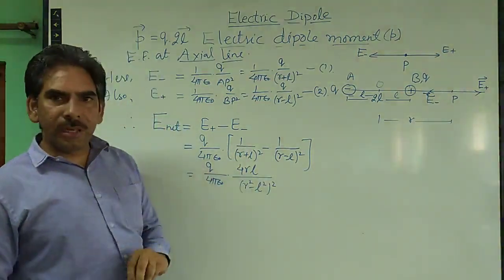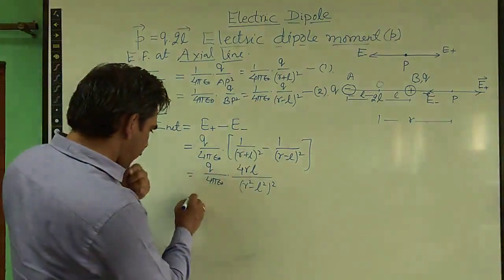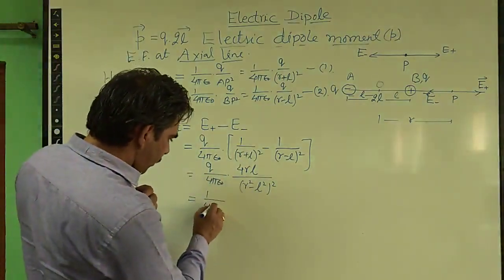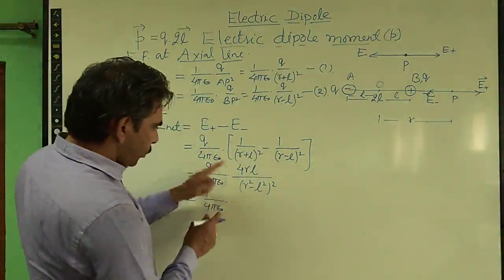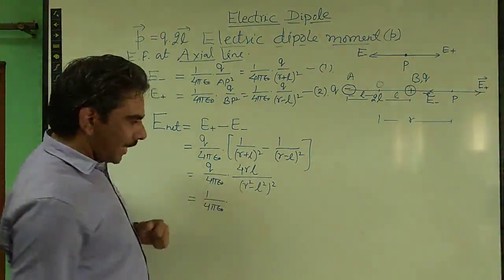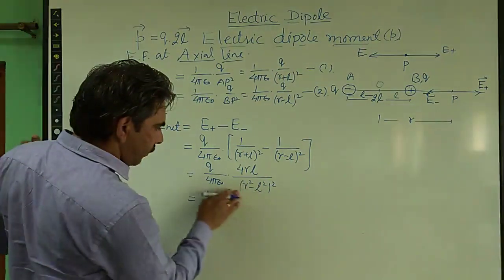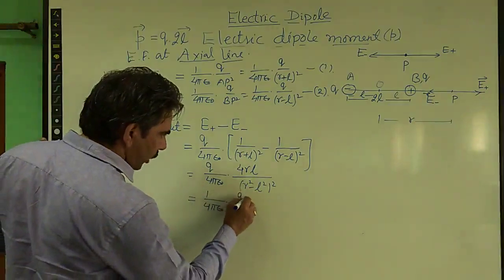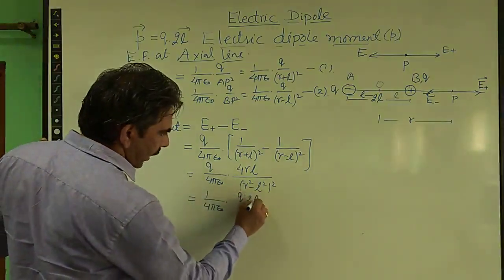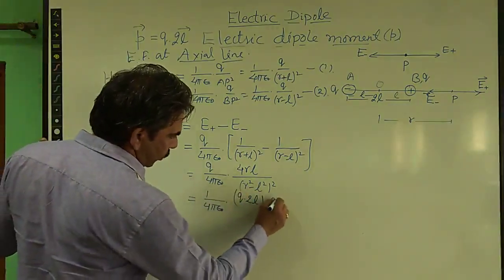This is only what we will be left with. You can calculate it by yourself. So this is equal to 1 upon 4 pi epsilon naught into Q into 4RL. This we can write in a slightly different way. This can be written as Q into 2L into 2R.